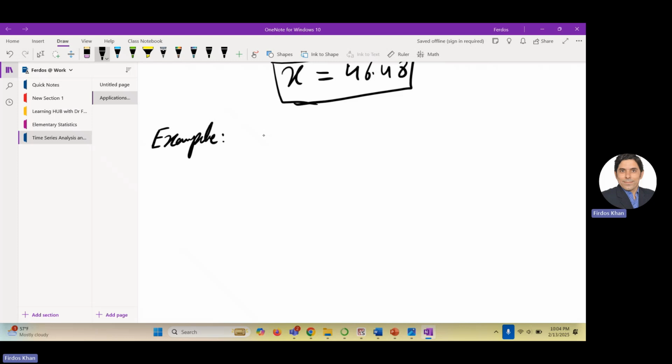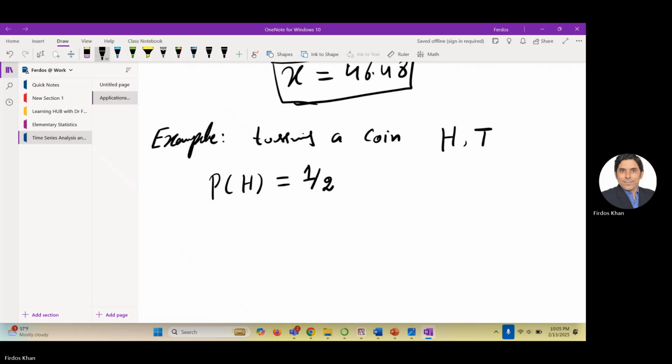You can say when you are tossing a coin, the output may be head or tail. So there is a probability of head and tail, and for an unbiased coin that is 1 divided by 2. Remember, if the coin is biased, then this probability will not be equal to 1 divided by 2. So this is for an unbiased coin.